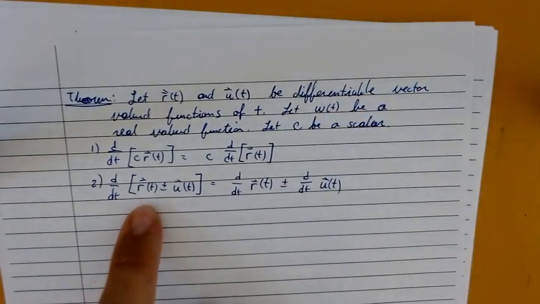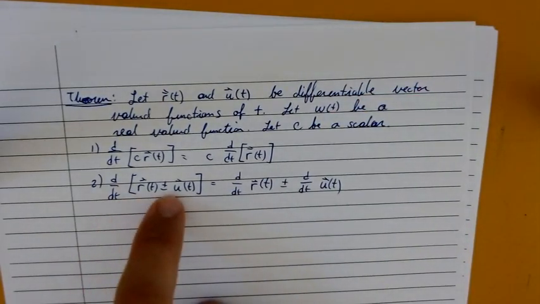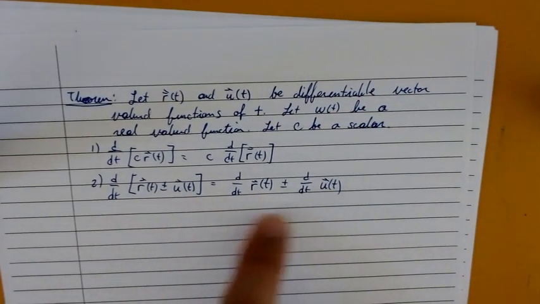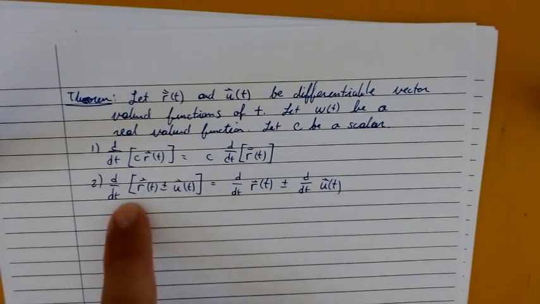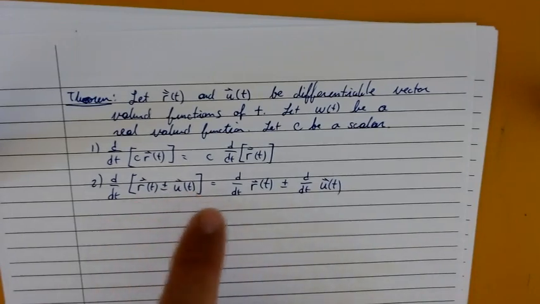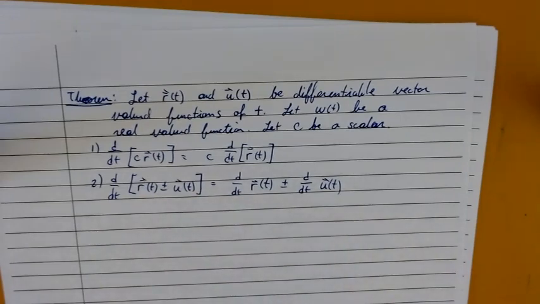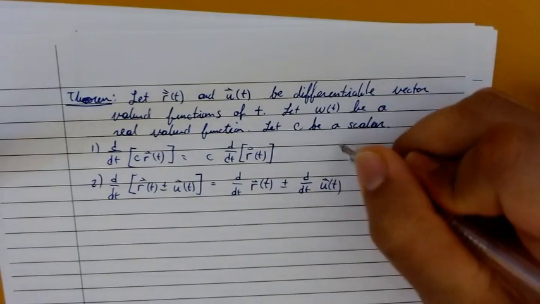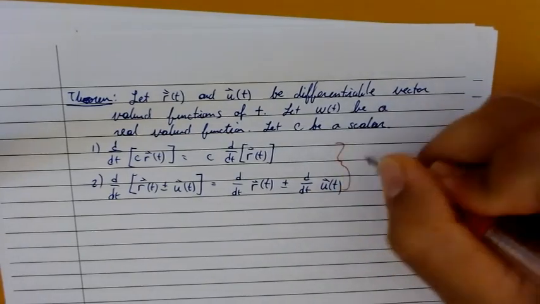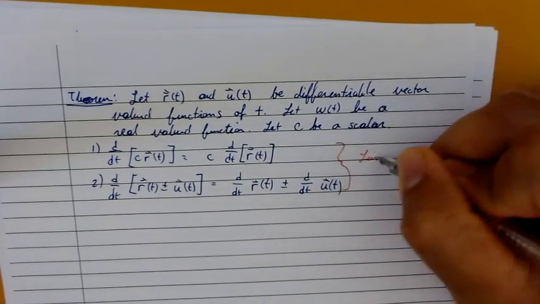Or in other words, you can take the derivative of a sum by taking the sum of the derivatives. And likewise for the difference. You can take the derivative of a difference by taking the difference of the derivatives. These two properties together are called linearity.